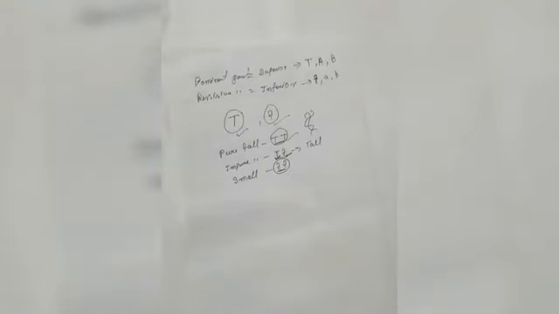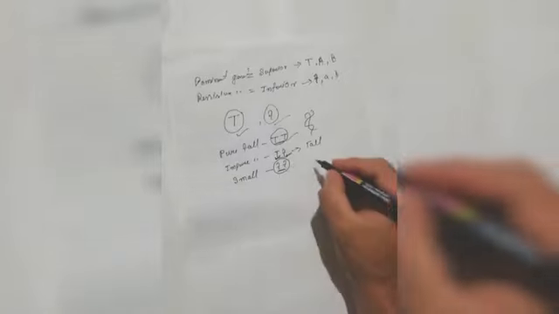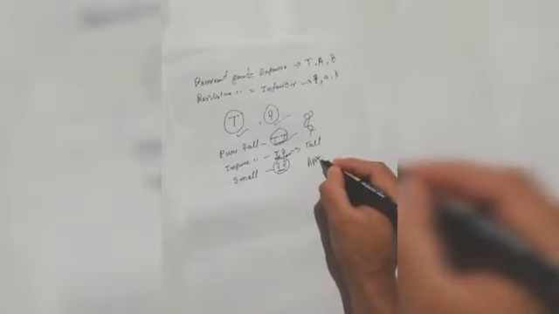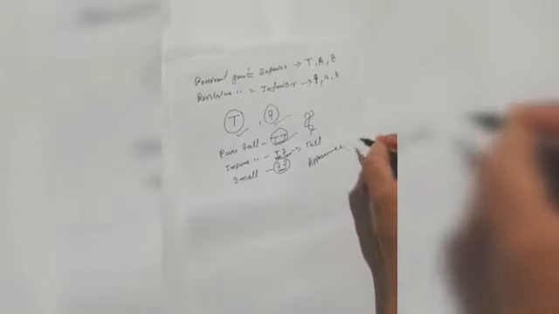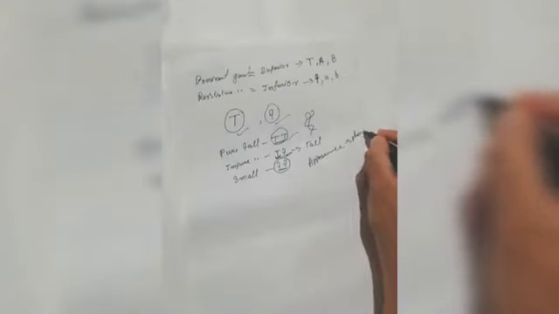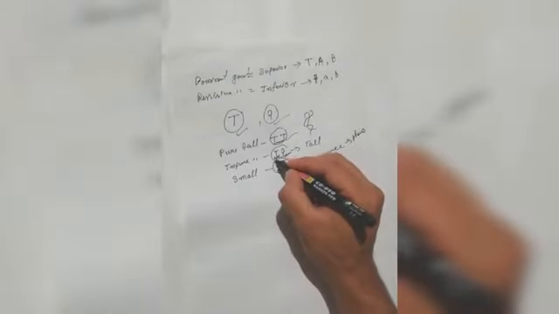The dominant gene will show itself, and the other one will not show itself. The recessive is always small. The appearance is the phenotype, and genotype means the nature, what is present inside.